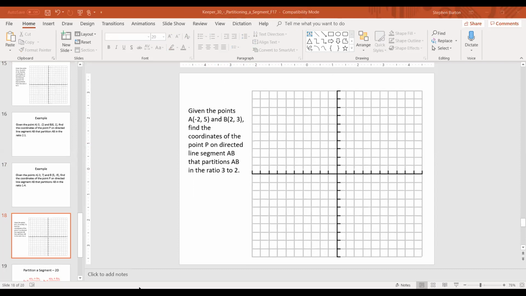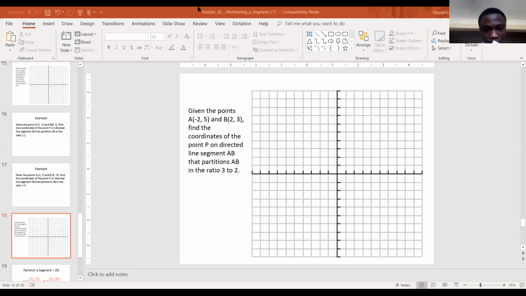Is that the distance midpoint worksheet? This one? Wait, not this one. The previous keeper. Not the distance midpoint. Hold it up to your screen if you've got it. Do you have it? Let me see if I can share my screen.